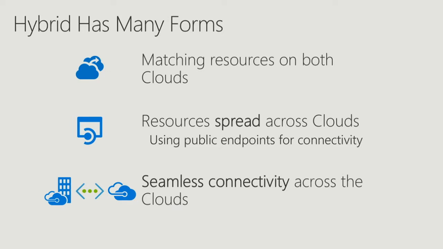So at the end of the day, hybrid can be as simple as having the same resources that you put on the different clouds based on your business needs. And why is this valuable? You could be doing something, for example, like dev and test. You want to dev and test on-prem, and you want to go to production using the global outreach of Azure.